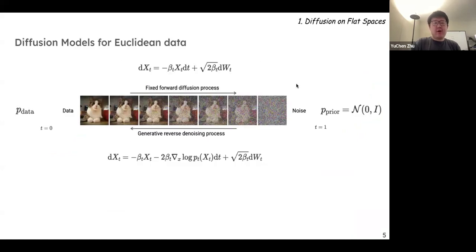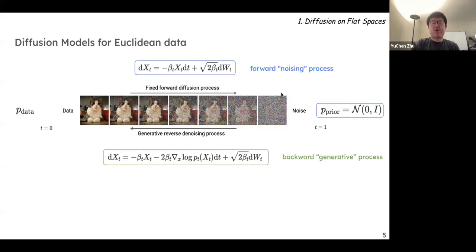Right. So I'm sure everybody here is very familiar with what a diffusion model for Euclidean data is. The most important thing is that it contains two processes, the forward and the backward process, where the one above adds noise that turns any data distribution at time zero into a prior distribution, typically a standard Gaussian at time one.